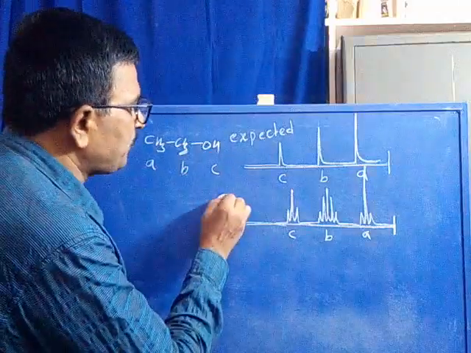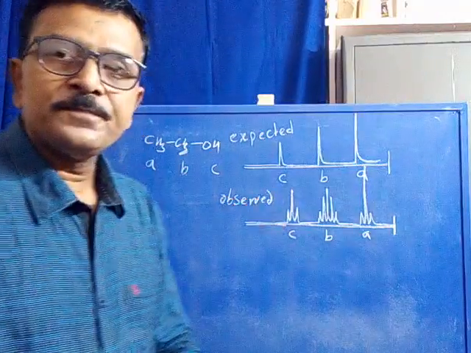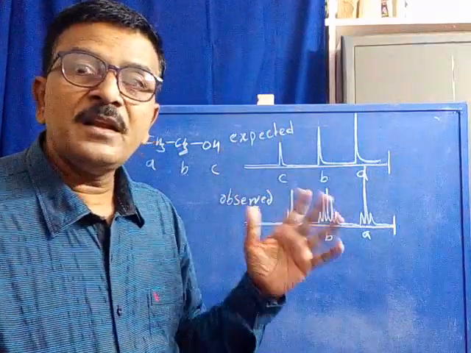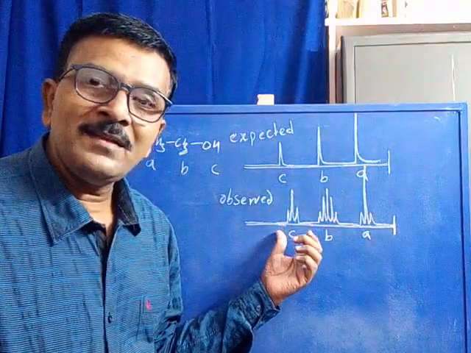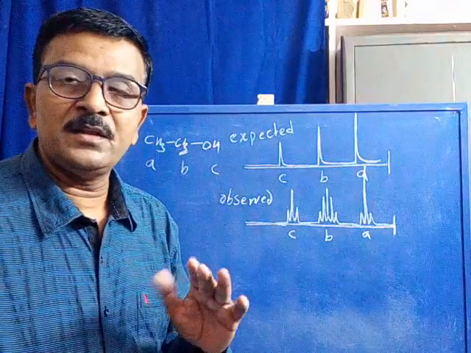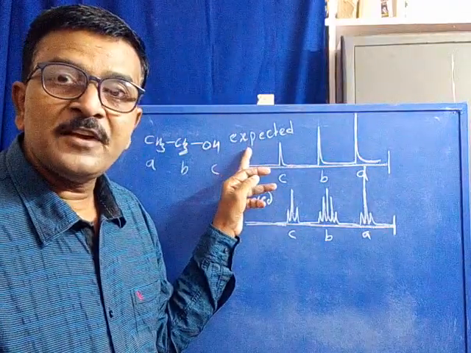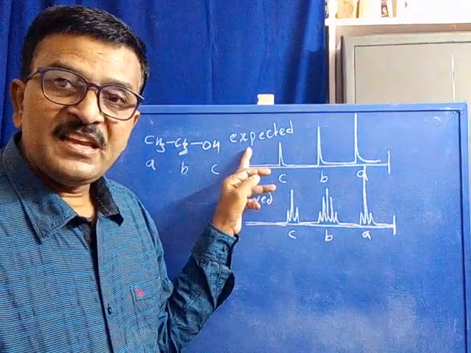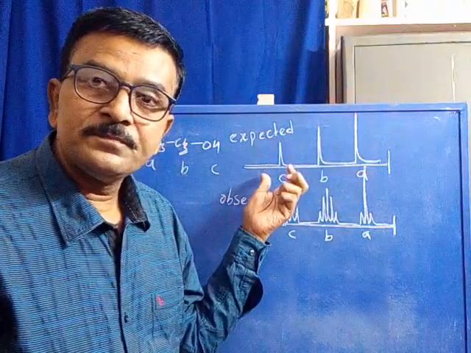This is the observed spectrum. You can observe the difference. The number of signals is the same. Three signals are there. In the second one, there are also three signals. There is no difference in the number of signals. You can see, this is the expected spectrum, where we expected each set of equivalent protons to appear as a single line.